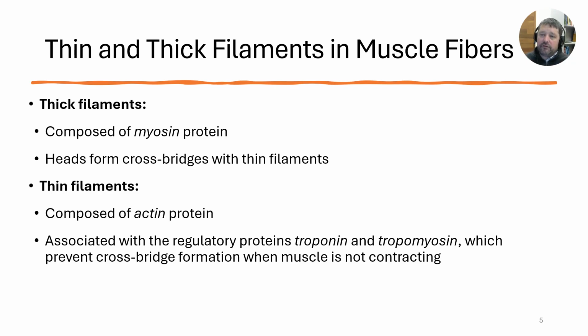So often we need something that can bind to this troponin to change the shape. And one such ion is calcium. When calcium binds to this, it changes the shape, it opens the binding site on actin, and myosin and actin can form a cross bridge. We'll come back and look at this in a little bit.